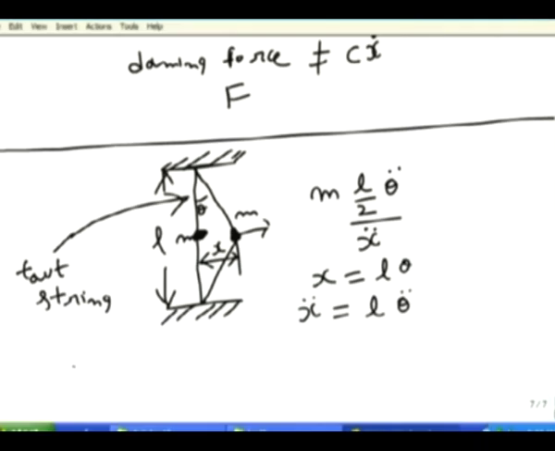Therefore, equation becomes m L by 2 theta double dot is equal to the force. This tension of the string is T. Assume that there is no change in the tension, directed here, T sin theta. So, it will be minus 2T sin theta.